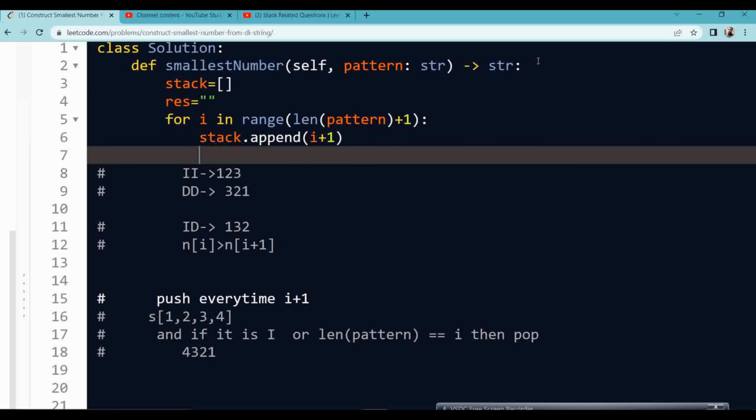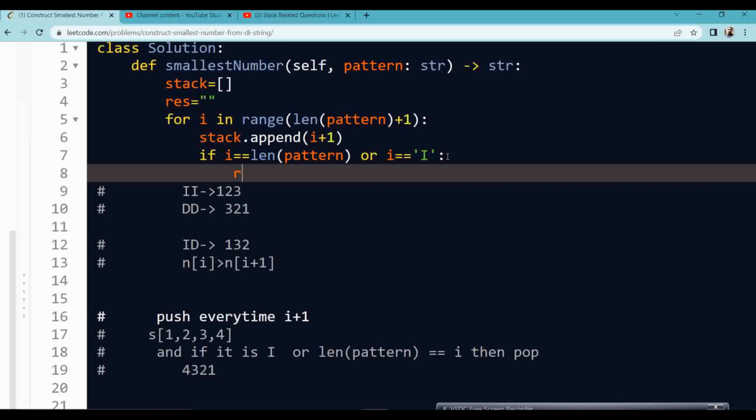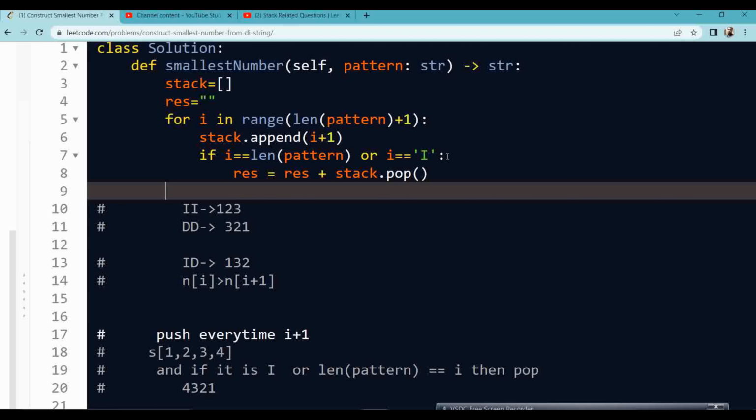And if the index is equal to I, or I is equal to the length of pattern, then what you need to do is just pop. So stack dot pop, and just return.